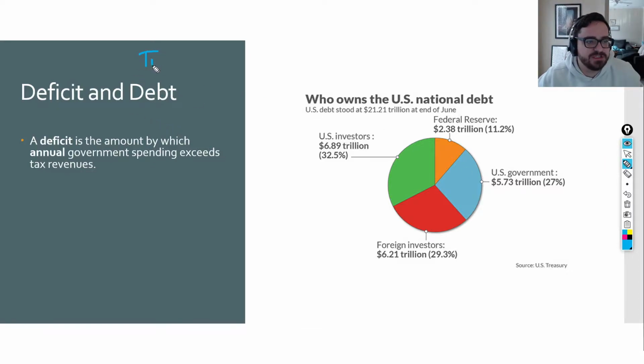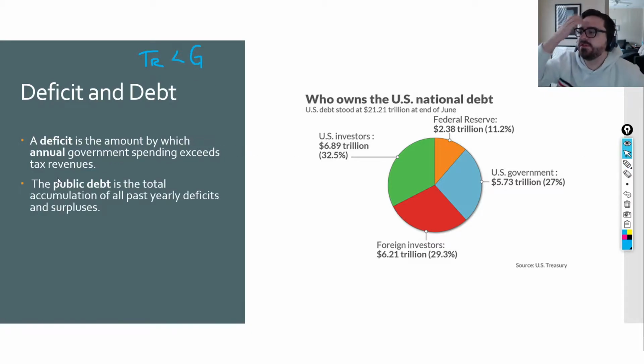Basically, as I mentioned on the last slide, if your government spending exceeds your tax revenue, you are in a deficit. And the deficit amount is how large this gap is. How much greater is government spending than tax revenue? For example, if we had $3 trillion of government spending and $2 trillion of tax revenue, we'd have a deficit of $1 trillion. We'd be $1 trillion in the red, is a way to think about it.